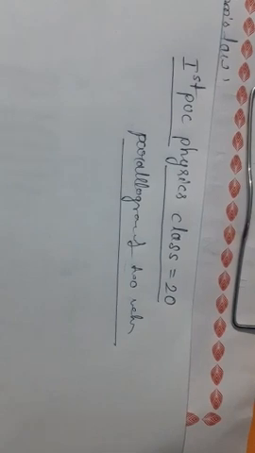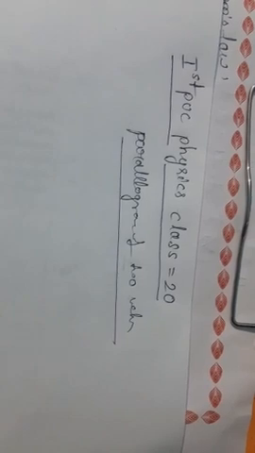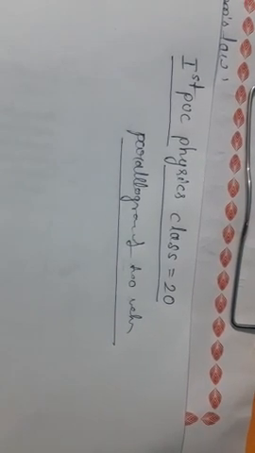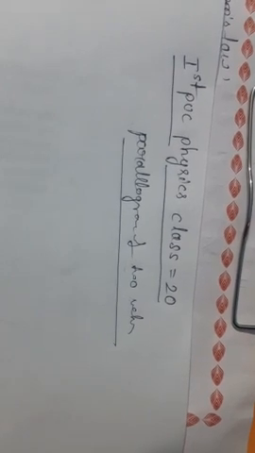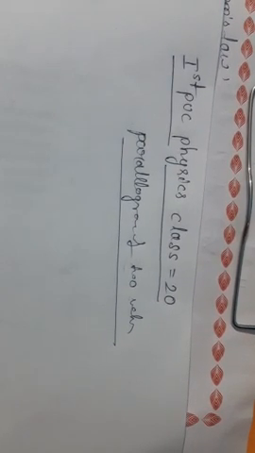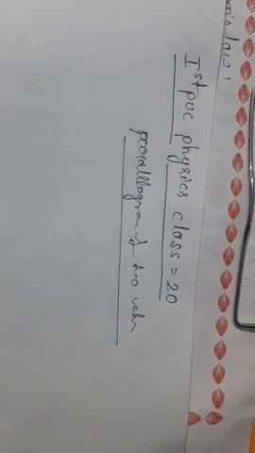This law states that if two vectors are acting at a point in equilibrium, they are represented by both magnitude and direction of two adjacent sides of a parallelogram, and the resultant line is also represented by both magnitude and direction of the diagonal of the parallelogram. That is the statement of the law of parallelogram of vectors.